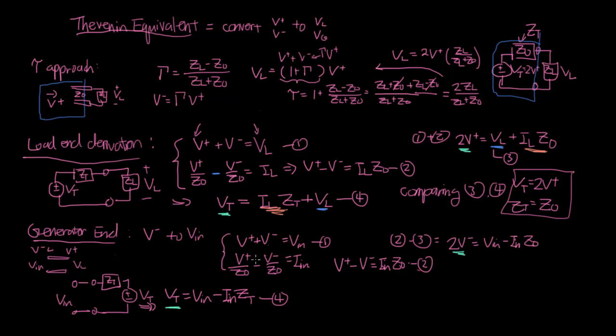If we look at our V load, those are the same over here, which leaves this term here matching that term. So you can arrive at very similar conclusions, where Vt is going to be equal to 2V minus, and your equivalent impedance Zt is going to be equal to Z naught.